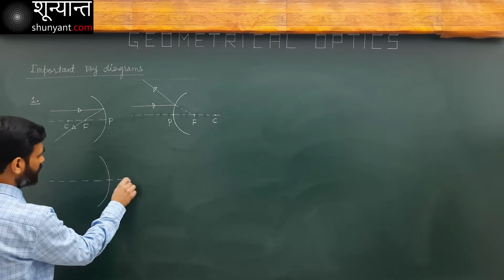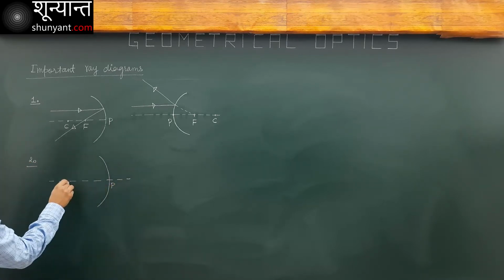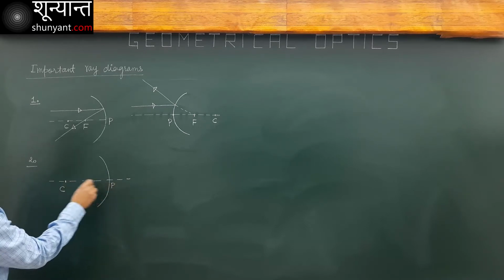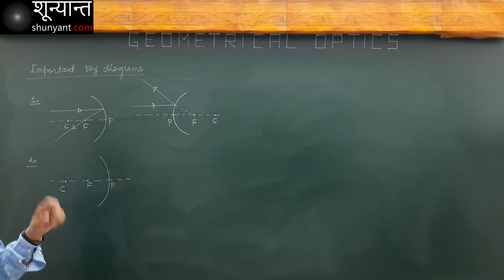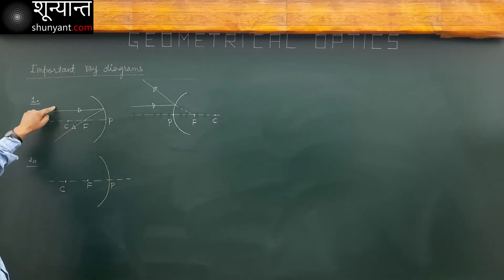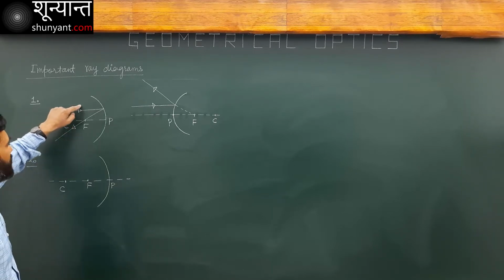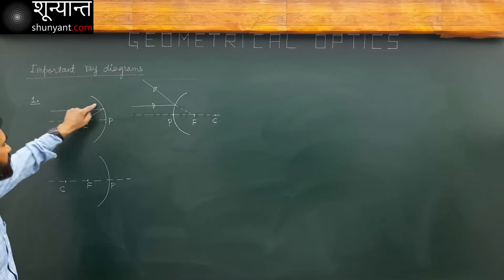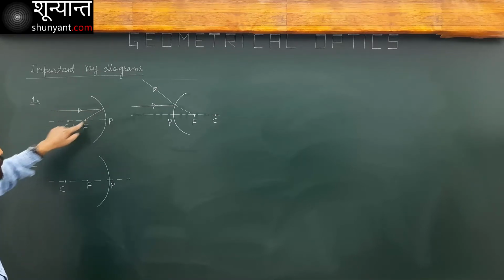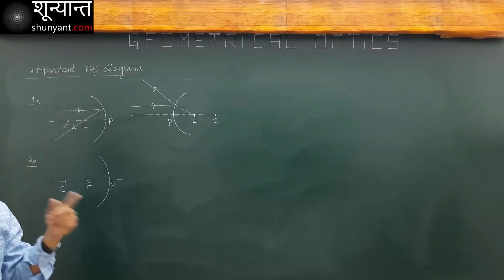this is my principal axis, and this is my center, pole, and focus. Now understand this. A light ray incident parallel to the principal axis, after reflection, passes through the focus. What if I reverse it?